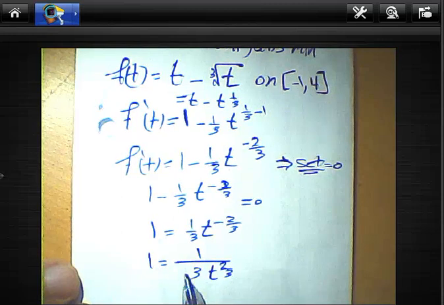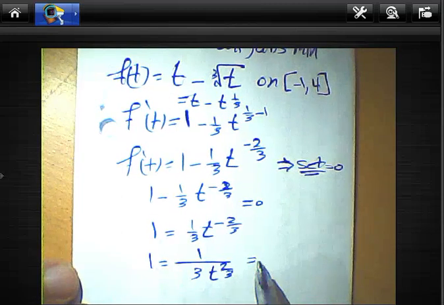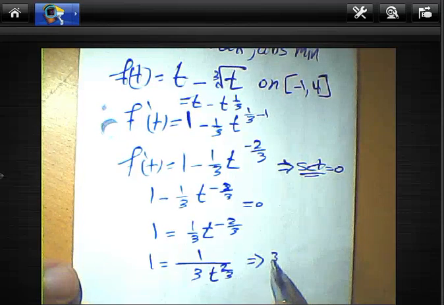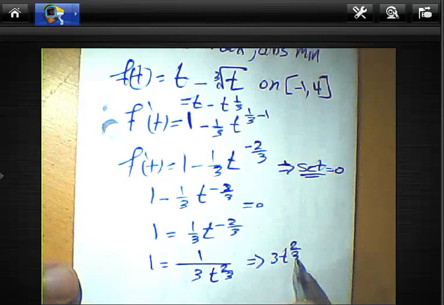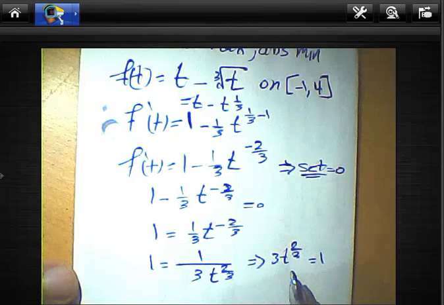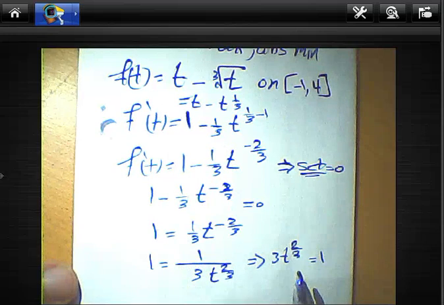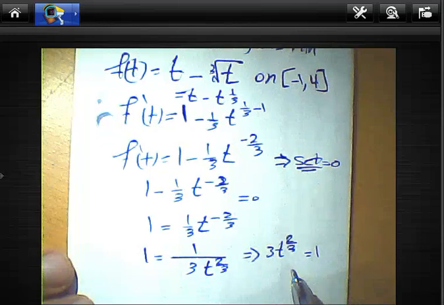The product of extremes equals the product of means, so the denominator equals 1. So 3 t to the power 2 over 3 equals 1. We can find the result here.